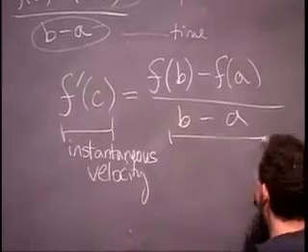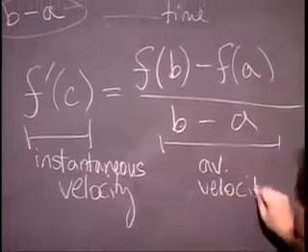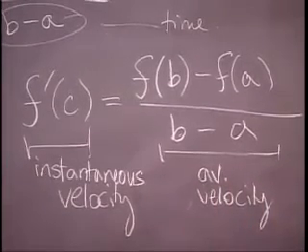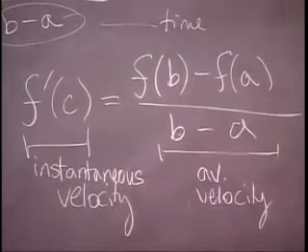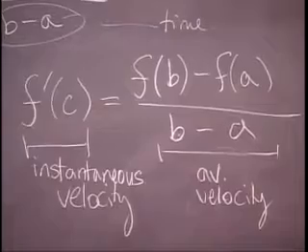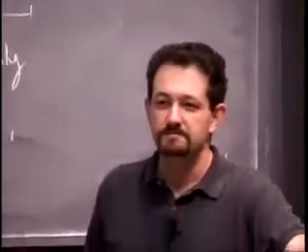And this is the average velocity. So what the whole theorem, interpreted this way, says is that there is at least one instant where your instantaneous velocity, as in the reading on your speedometer, is equal to your average velocity.